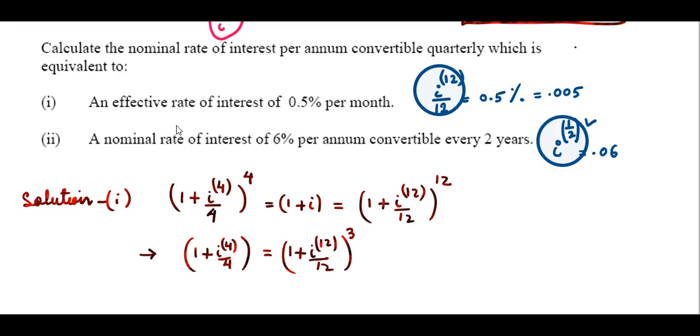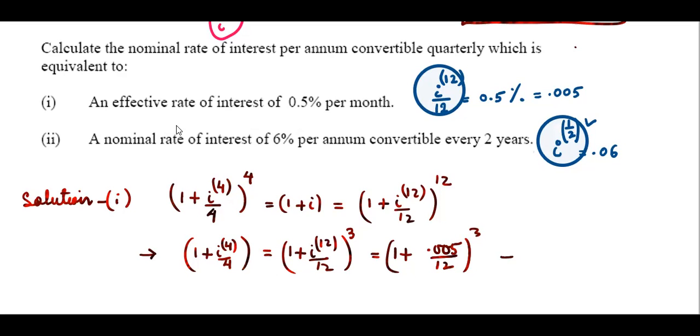And then put i-12 as 0.005. 1 plus 0.005 divided by 12 power 3. Then take 1 that side, use a calculator, and then find i4 by 4. And i4 by 4 is not the answer. So you have to find finally i4. You multiply by 4 once again, then you will get the answer.